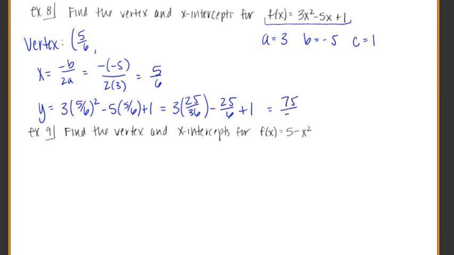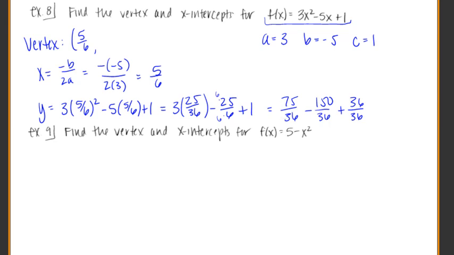Okay, so 75 over 36 minus, if I try to get all this into the common denominator of 36. Okay, 1 is obviously 36 over 36. So for this middle fraction, I'm going to need to multiply the top and the bottom by 6. So 150.